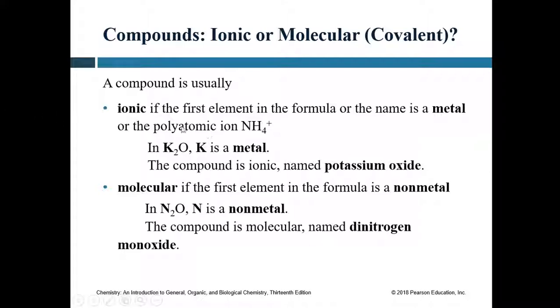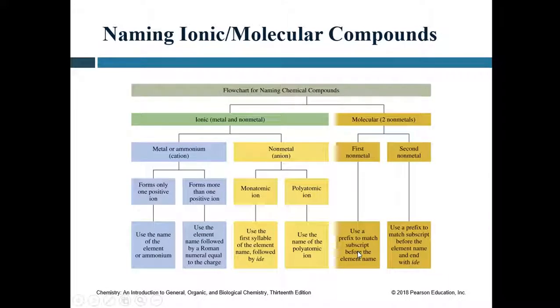The exception is the ammonium ion, because it is an ion with a charge, so it is going to be an ionic compound if the ammonium ion is first. Otherwise, if the first item is a nonmetal, then it's a molecular compound and we name it according to molecular rules.